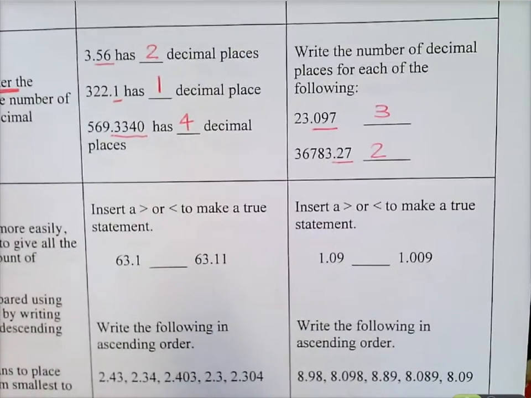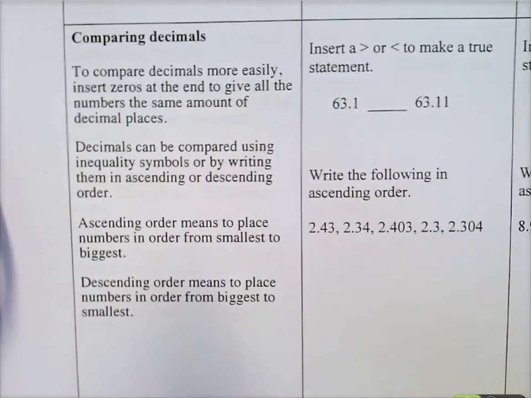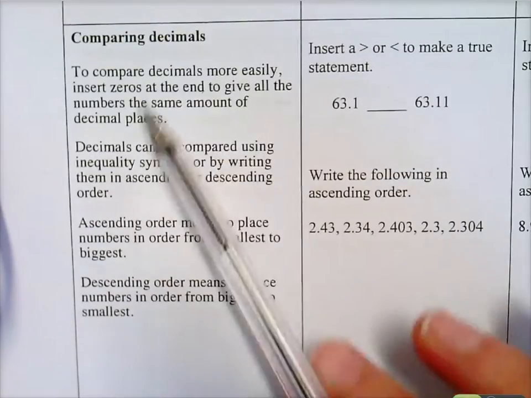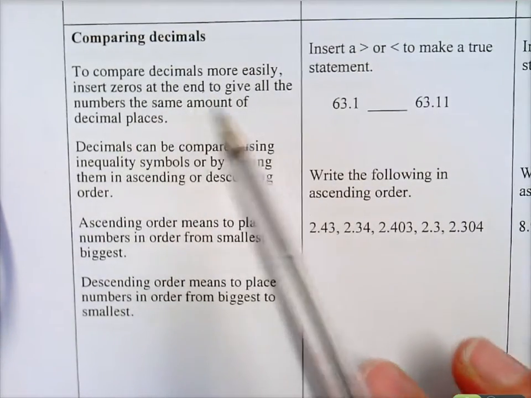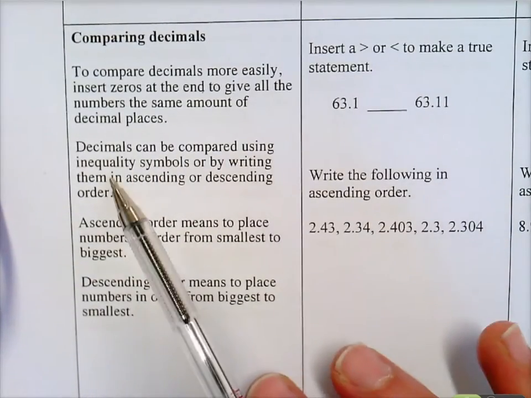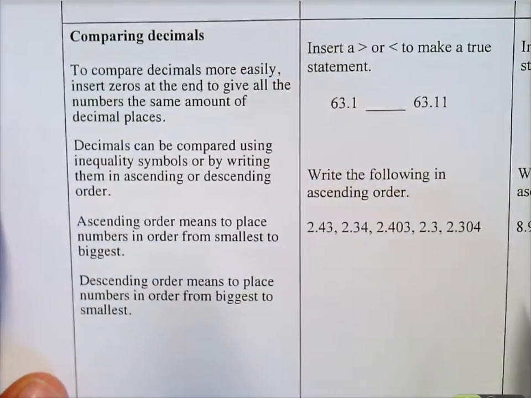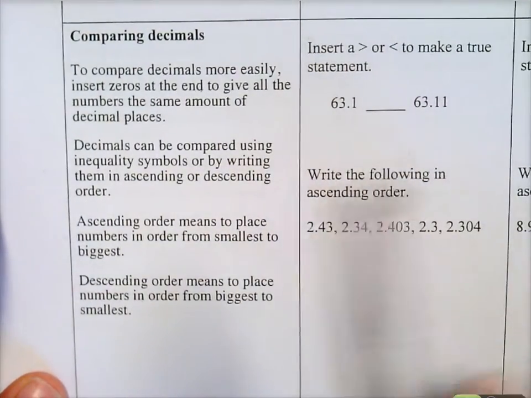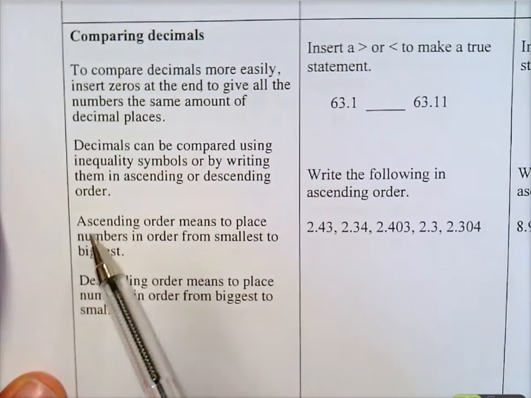Now, the next thing we're going to do, can I move from here? Is to compare decimals. To compare decimals more easily, insert zeros at the end to give all the numbers the same amount of decimal places. Decimals can be compared using inequality symbols, that's greater than or less than, for example, or by writing them in ascending or descending order.